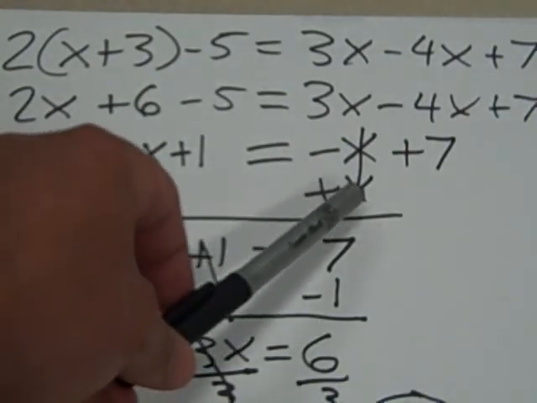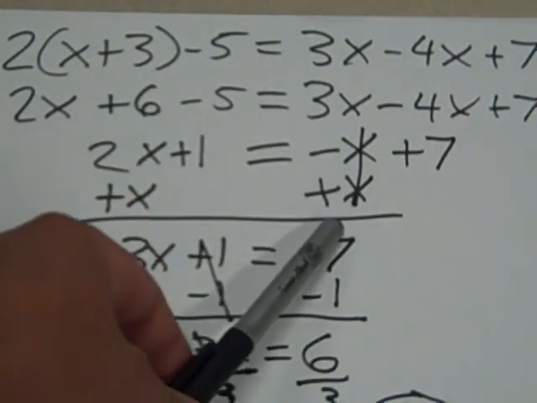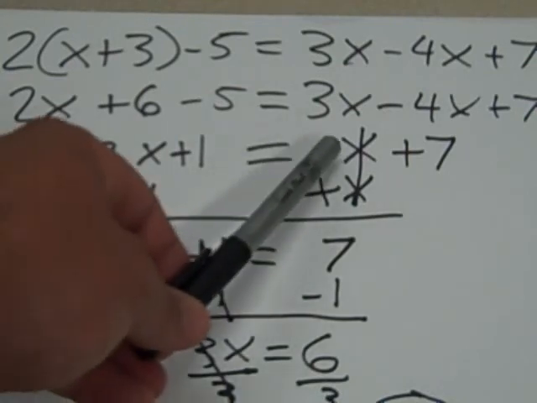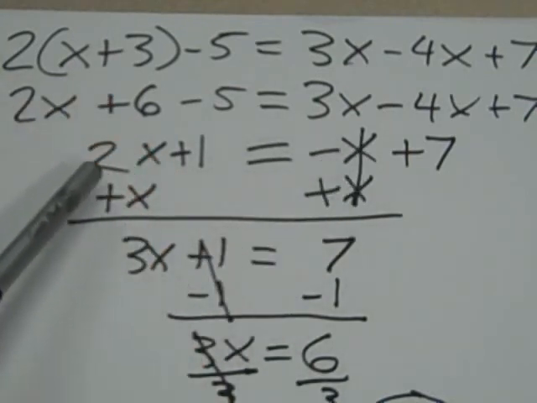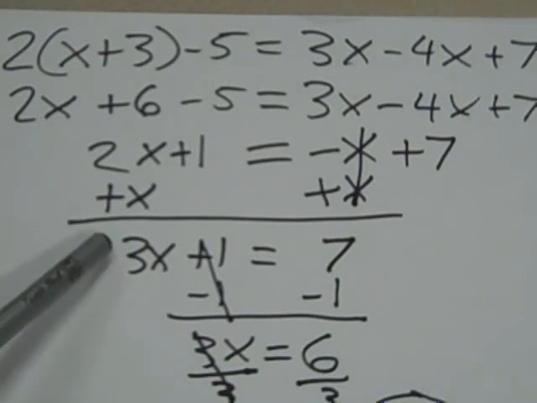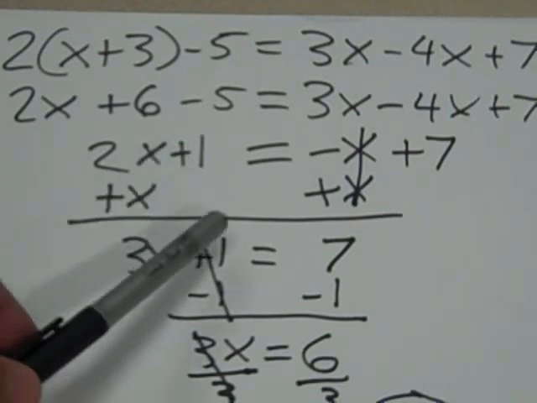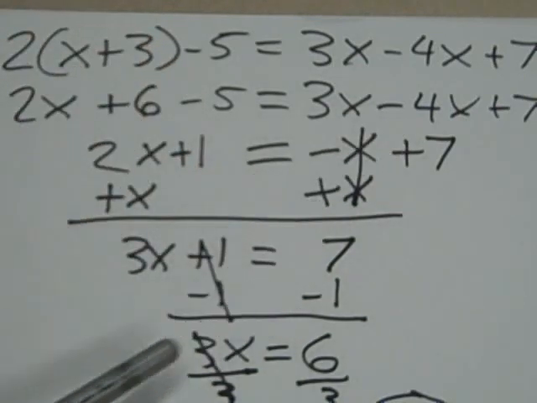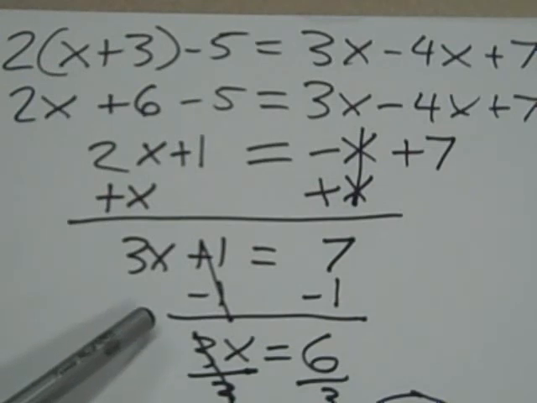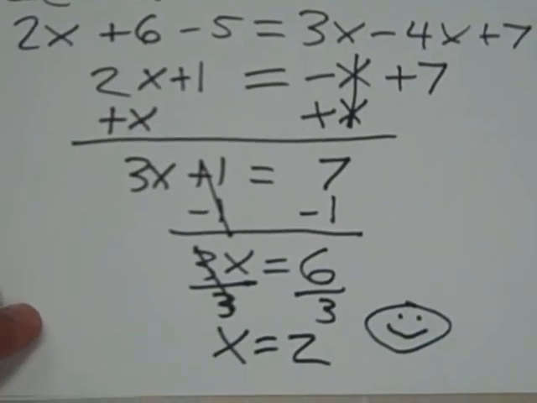Okay, we had to get the variables to one side, so I added x to both sides so we could cancel these x's out. And we got 2x plus x is 3x, we brought down the plus 1 and the plus 7. After that, we needed to undo addition or subtraction.